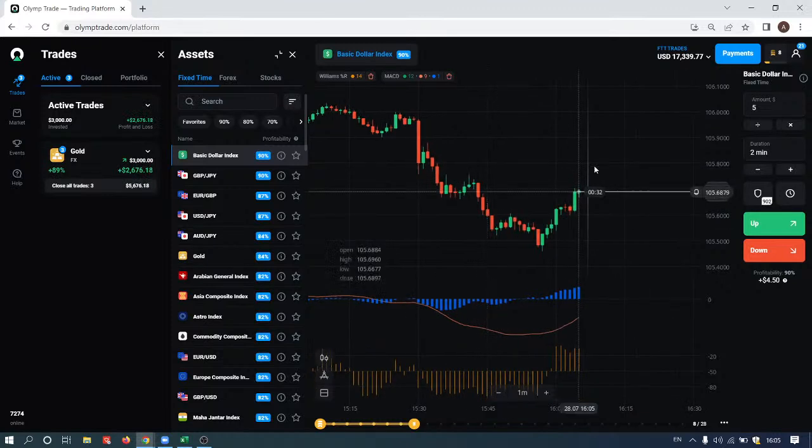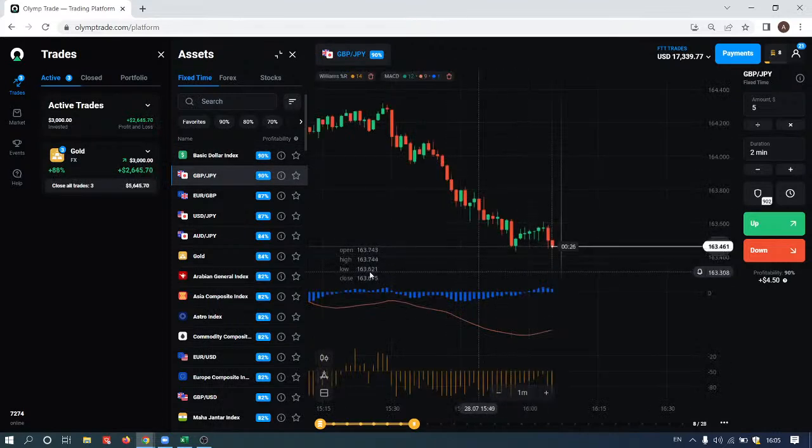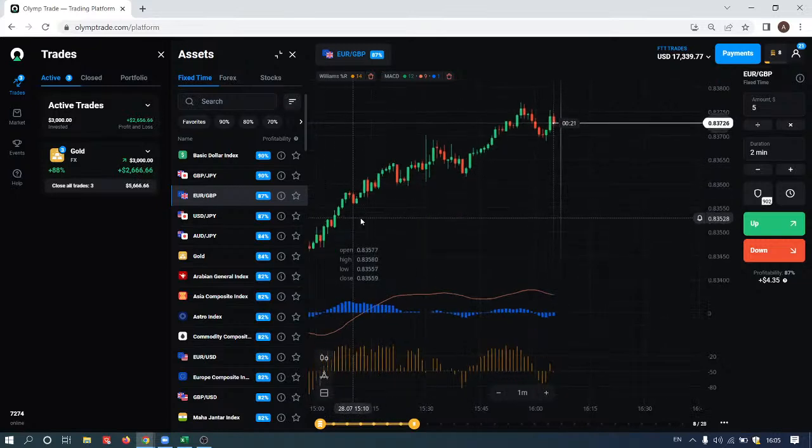So how does this strategy work? It works in a very simple way. Basically, we have 2 trending indicators that help us identify the trend. If you want to identify a strong trend, you need to have at least 2 confirmations.